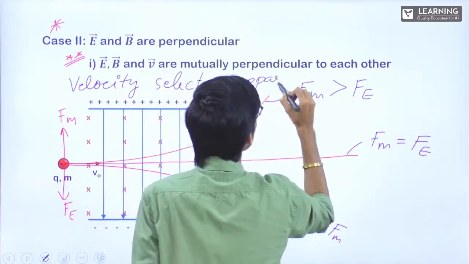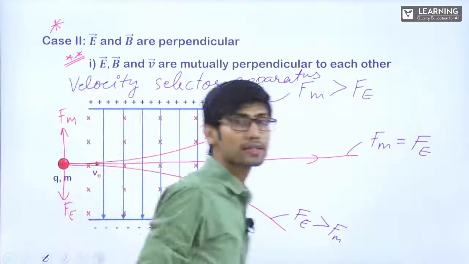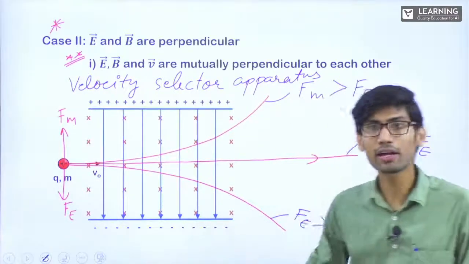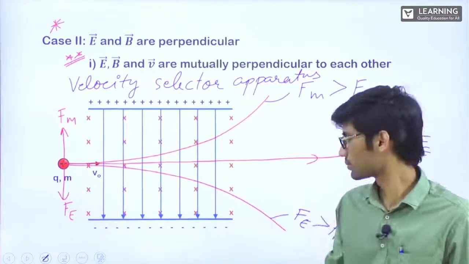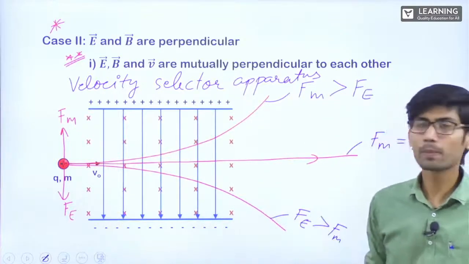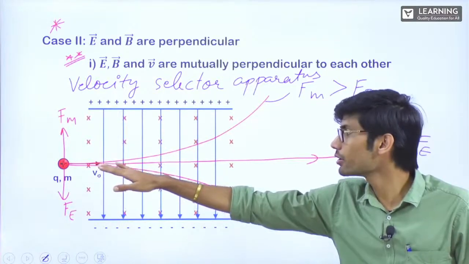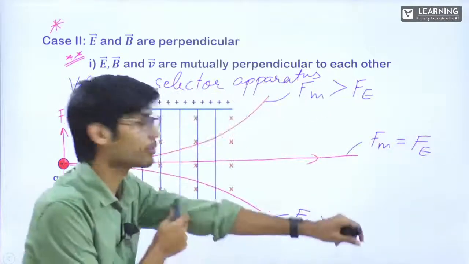What is this velocity selector? It is a kind of filter where we throw charged particles with some velocity, perpendicularly. Then, the particles which are having velocity, let me talk about the velocity first.